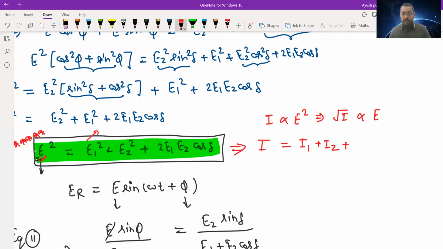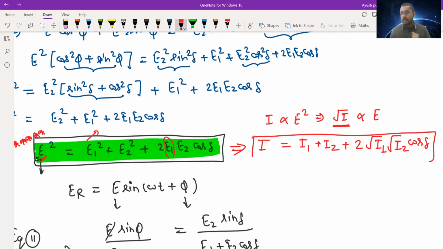So if I have to write the intensity term in place of E1, I can write root I1, because root I is proportional to amplitude, and root I2, and the cos term will remain as it is. Yes, we can write the intensity terms like this.